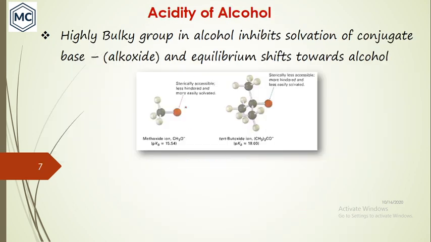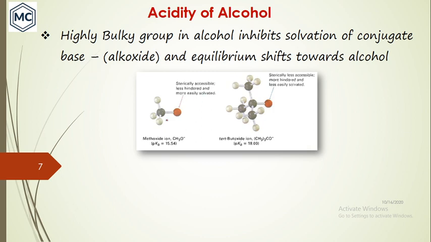And coming to acidity of alcohol, a highly bulky group in alcohol inhibits the solvation of the conjugate base. There are many factors which determine the acidity of alcohol. One factor is the stability of the conjugate base, which depends on solvation; solvation can stabilize the alkoxide ion.